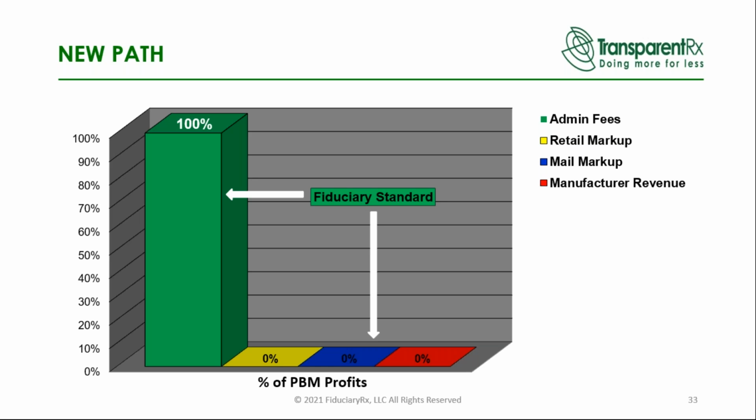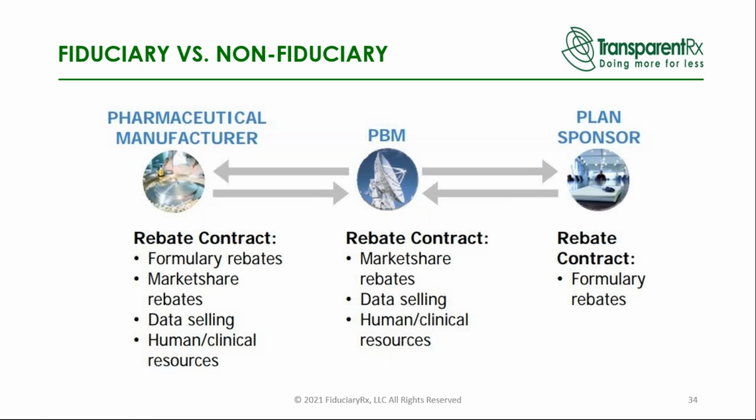It is the primary driver behind whether you're going to overpay. The new path says this: the PBM makes money one way, and it is through a radically transparent admin fee. And the trade-off now is that the PBM forgoes contractually all other means of generating revenue for itself.